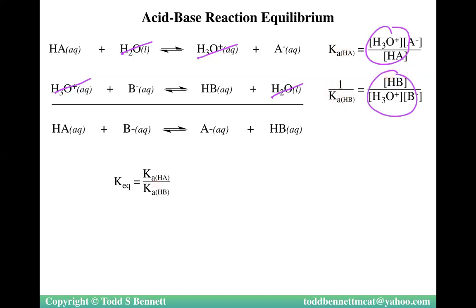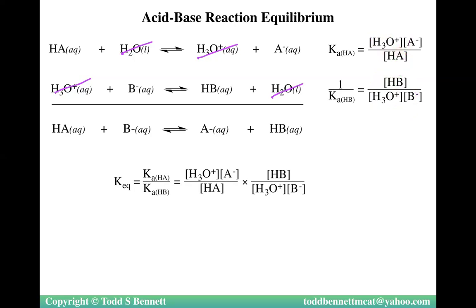And so plugging in, that would be this times this. Let's see what cancels. Hopefully something does. Oh, H3O plus canceled. Water isn't included. So we end up with A minus times HB. Perfect. Those are the products, divided by HA times B minus, the reactants. So sure enough, this is true.